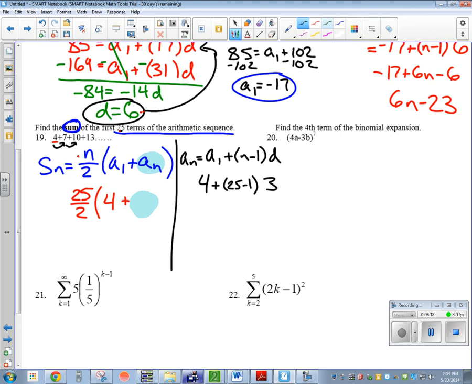So my difference is 3. So 4 plus 24 times 3 gets me 76. That is what a sub n is. That is not my answer. I'm taking that and plugging it in over here. So I'm taking 4 plus 76 times 25 divided by 2.